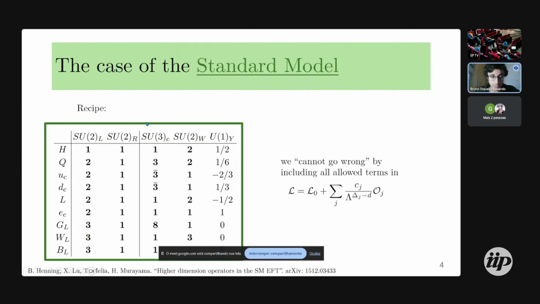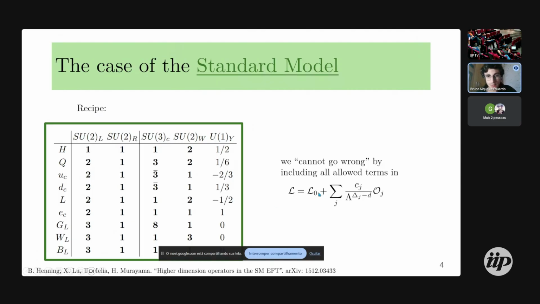The recipe is that you basically have your gauge groups and your Lorentz group, and you have a series of fields, and those fields have charges under which they transform according to these groups. So this is the list of fields that you have in the high energy standard model, before the Higgs mechanism.